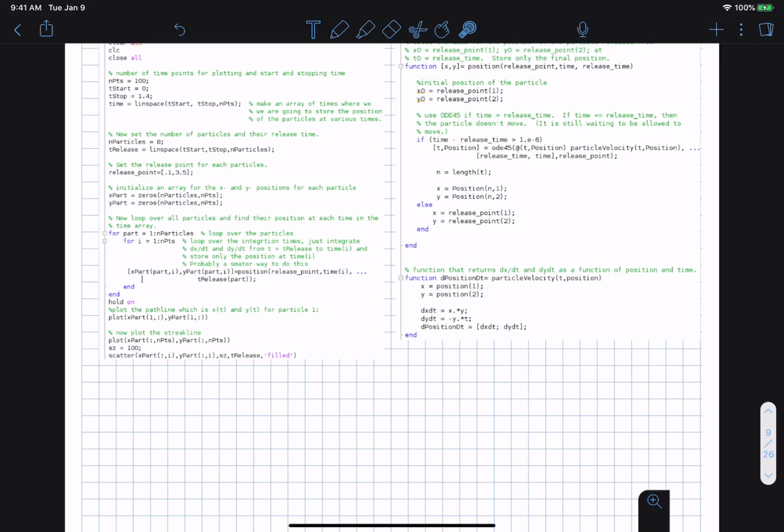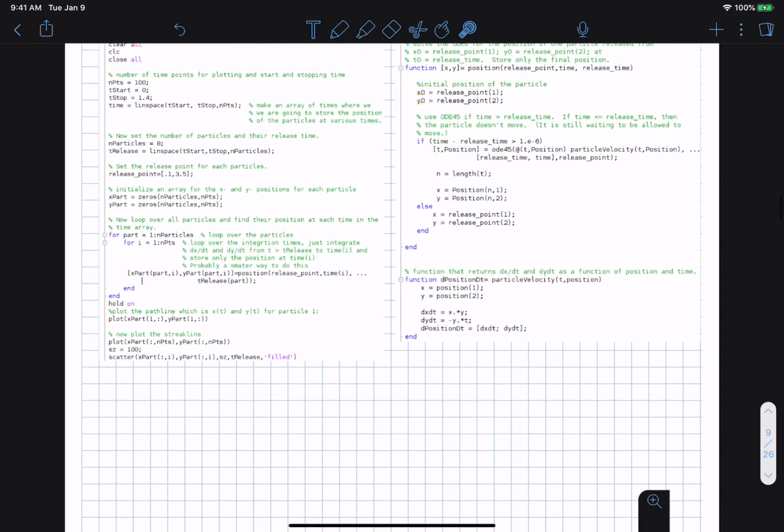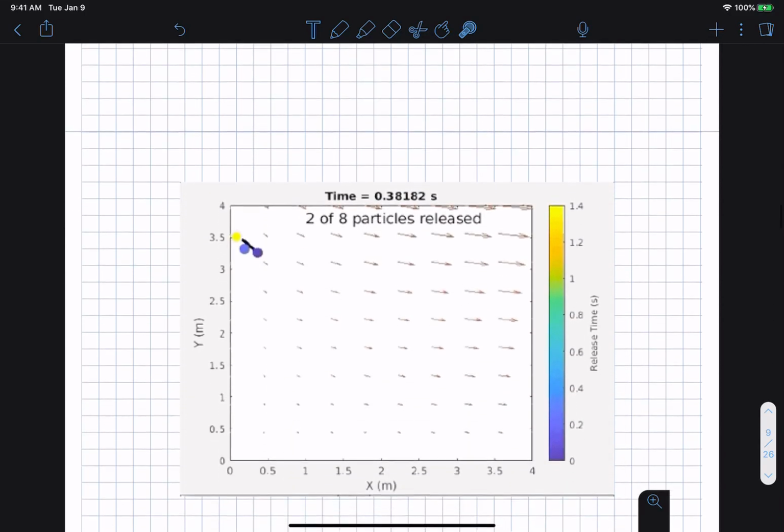So if I go do that, for those of you who are interested, I will provide this MATLAB file so you guys can mess around with it. But if we let this go, we have 8 particles. They are released right here, and this here is the evolving path line of the first particle, particle 1.